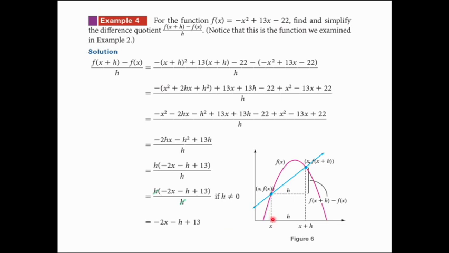So for example, if x was 1 and the second x value over here was 3, I would know my distance between x and 3 is 2. So x is 1 and h would be 2. So that's what I would plug in here, and it would give me my average rate of change. So by setting it up generically, we can evaluate the average rate of change at any 2 points we want on this function f of x.